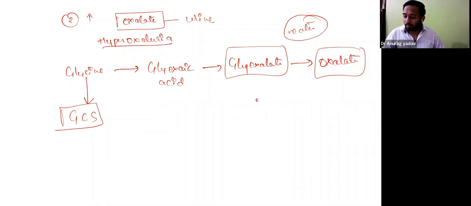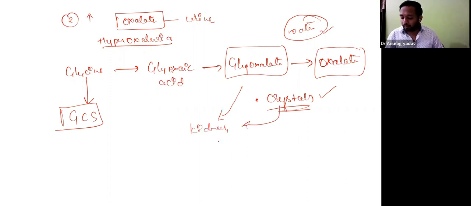The second most important feature is that they form crystals. Water soluble compounds are excreted by the kidney. Because they can form crystals, the person most commonly ends up having kidney stones or renal stones.